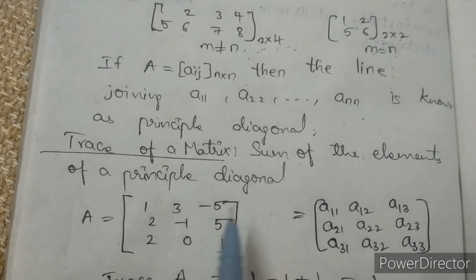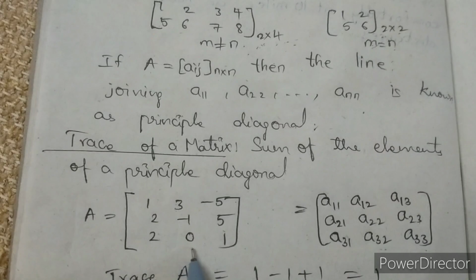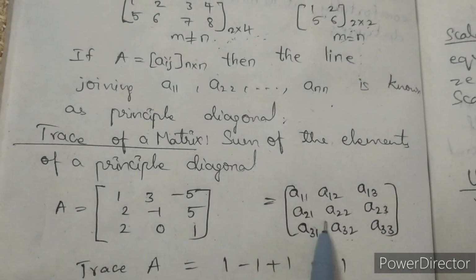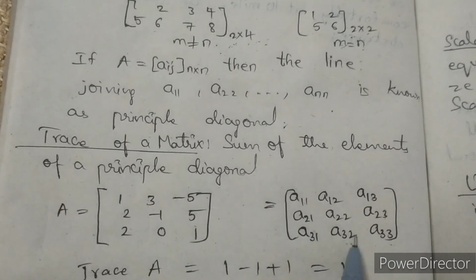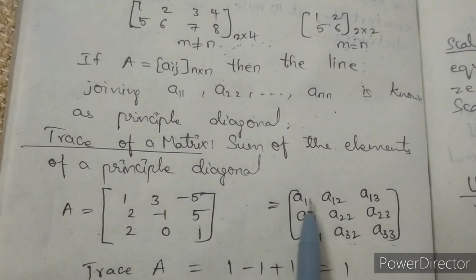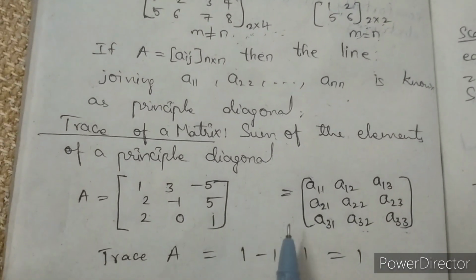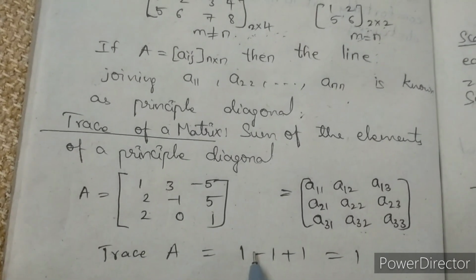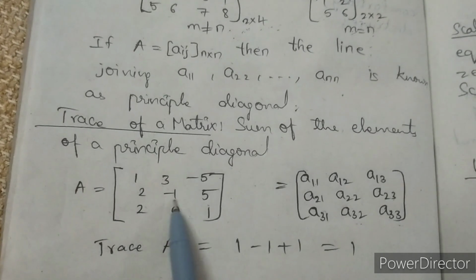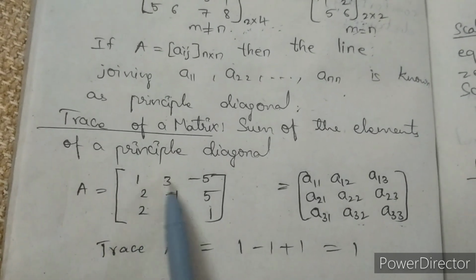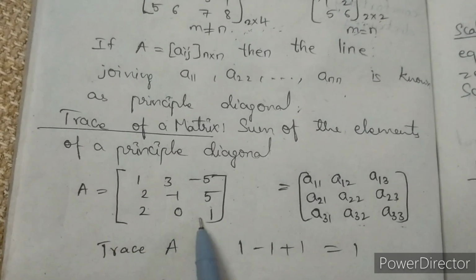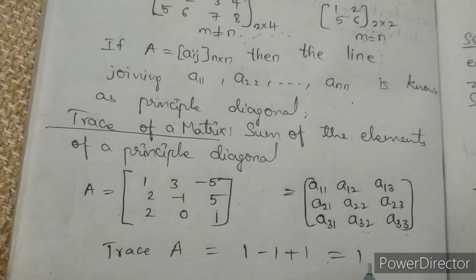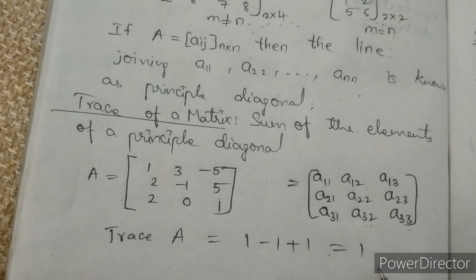Now we want to calculate the trace of this matrix. We will just add the elements of the principal diagonal. So how will you find the trace of A? Trace of A is equal to the sum of the elements of the principal diagonal, that is 1 minus 1 and 1. So 1 minus 1 and 1 is equal to 1. That is the trace of A.